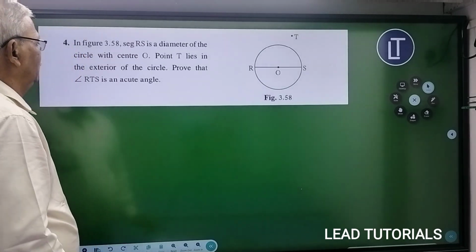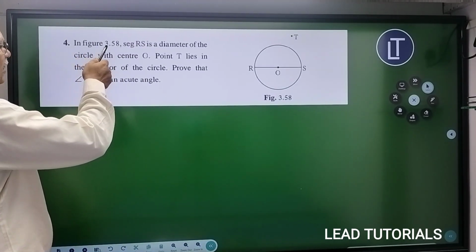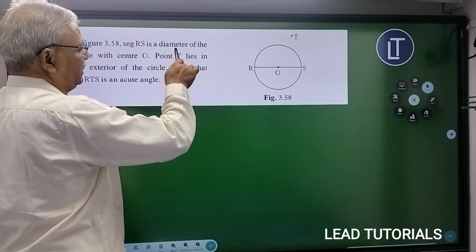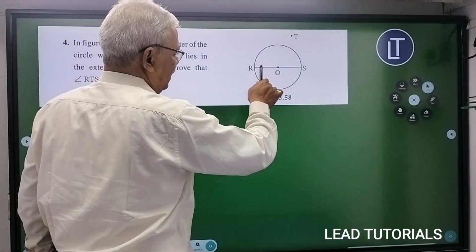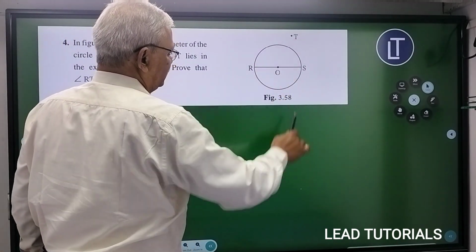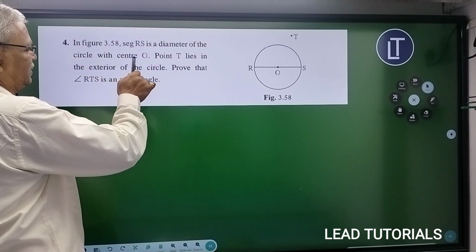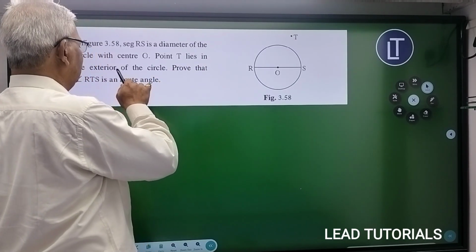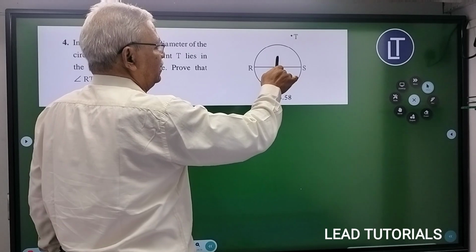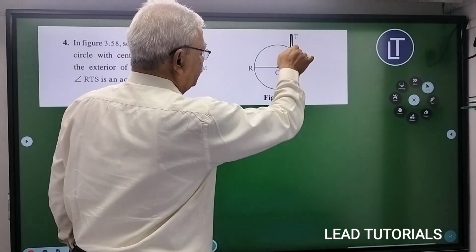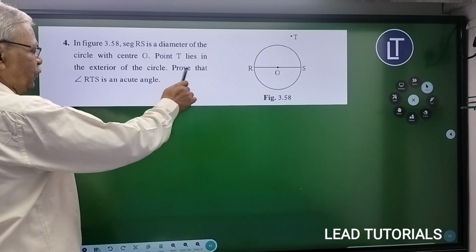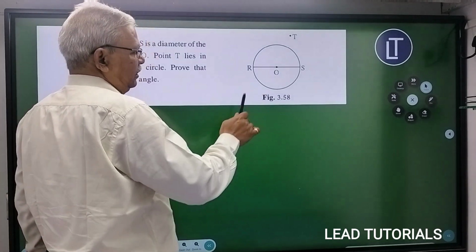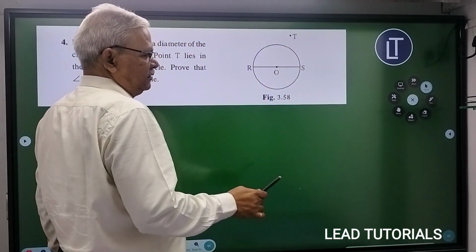In figure 3.58, segment RS is a diameter of the circle with center O. Point T lies in the exterior of the circle, here T lies on the outside of the circle. Prove that angle RTS is an acute angle.